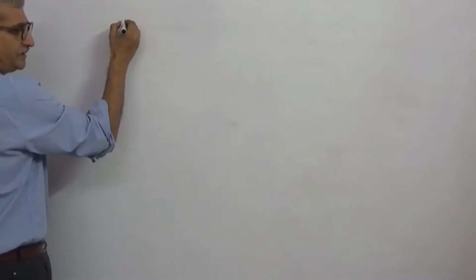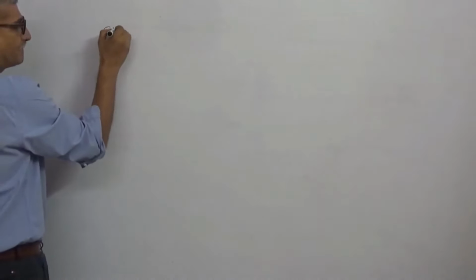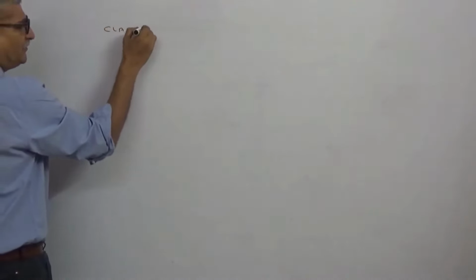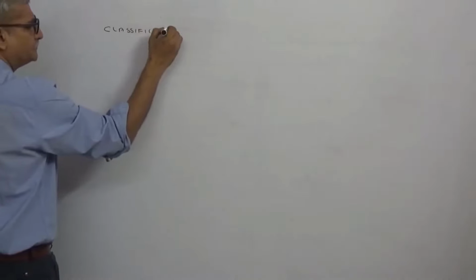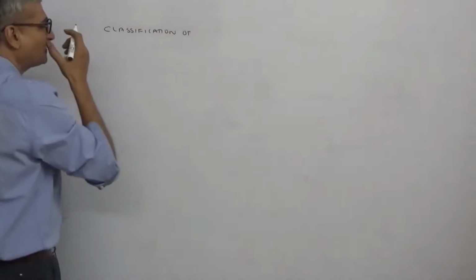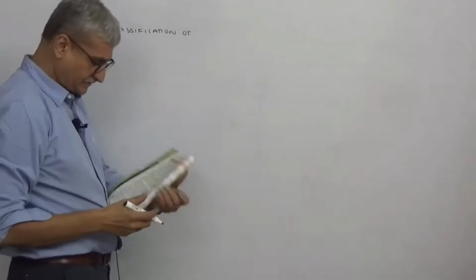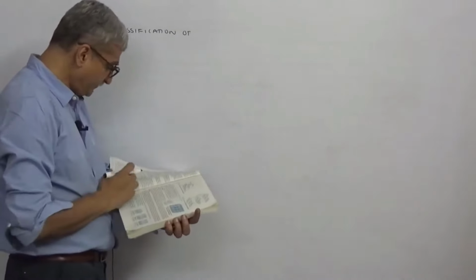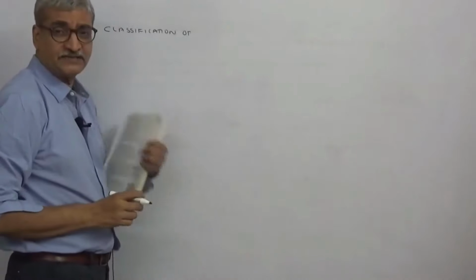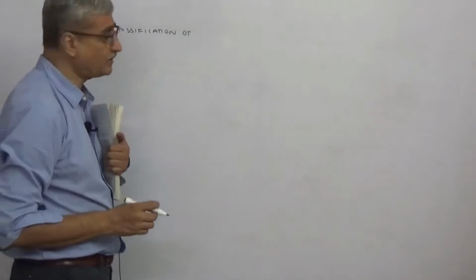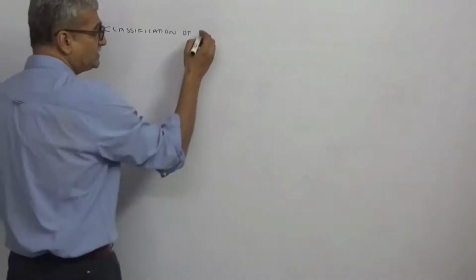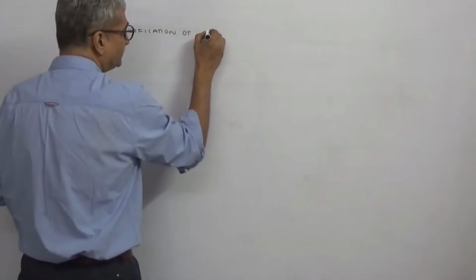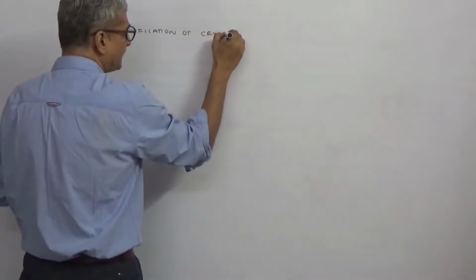We'll try to complete this classification today, because there are a lot of questions which they ask on this. If I finish this today, then next time we start with unit cell, three-dimensional units and all that.